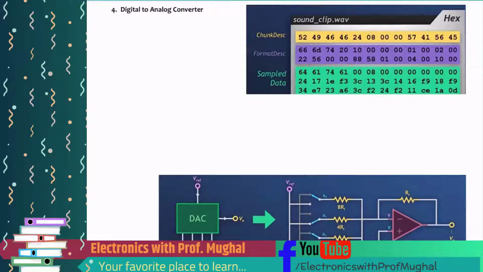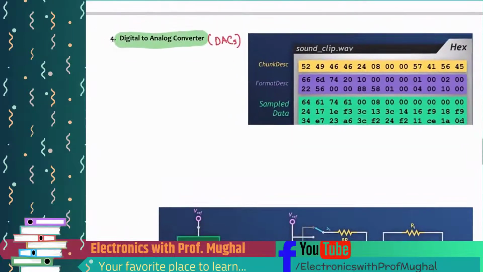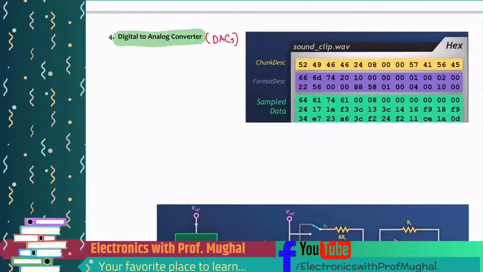Well, an op-amp can also be useful over here. These devices are referred to as digital to analog converters, DACs for short. Say you have a song in a .wav format.